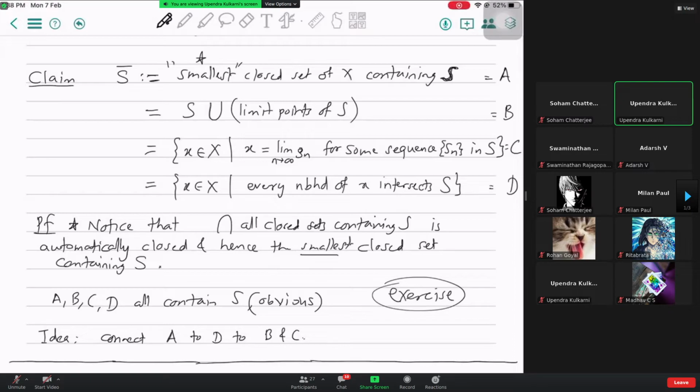Let us suppose X is not in D. That means there is some neighborhood of X that is disjoint from S. And that means that this neighborhood of X is an open set that is disjoint from S.